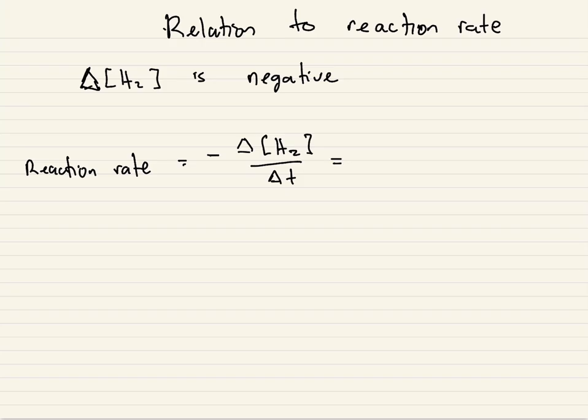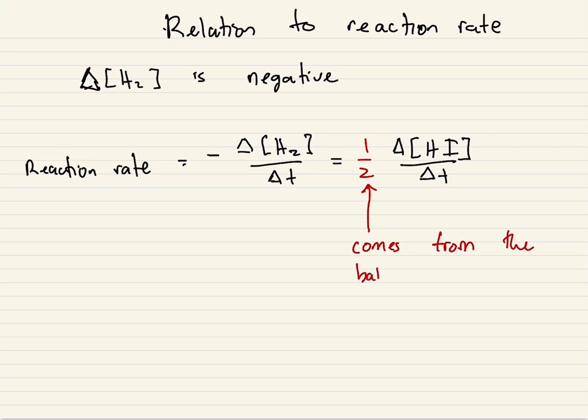And then this is also equal to 1/2 the change in concentration of HI over the change in time. And again, this comes from the balanced chemical equation.